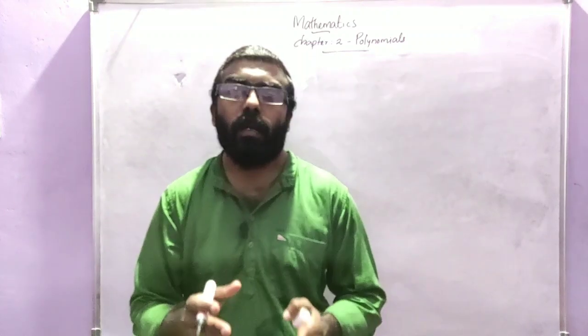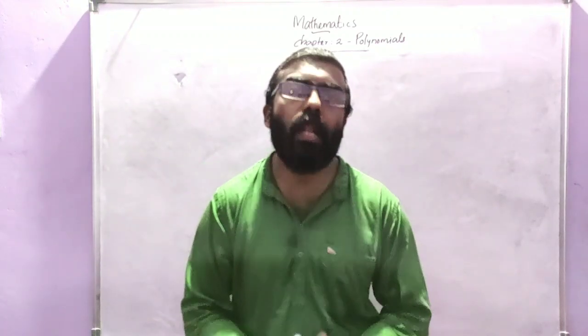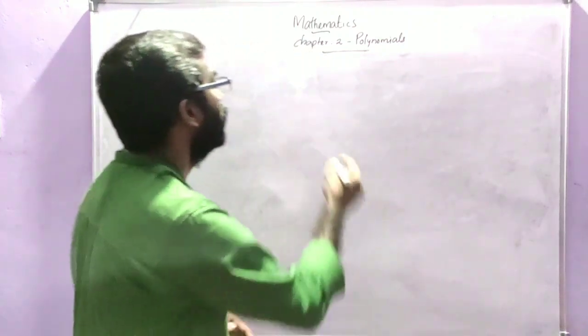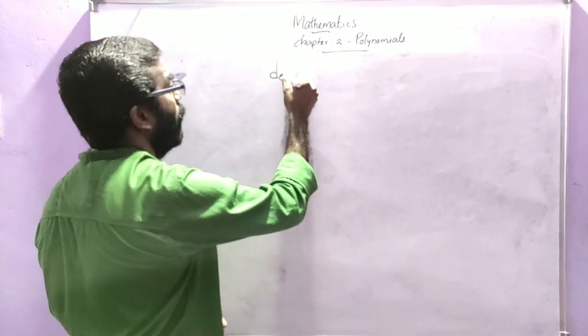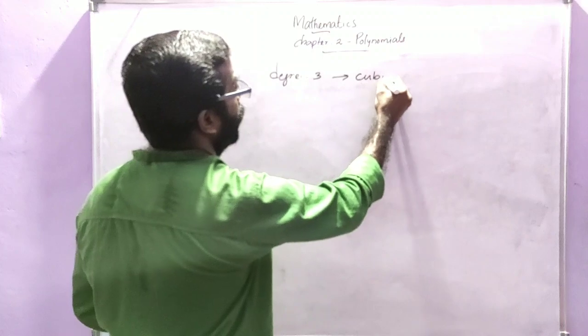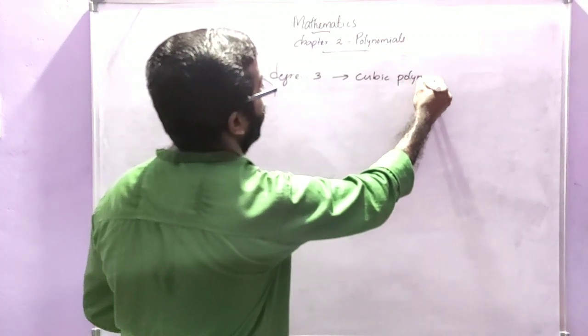Okay, understood? Now we call a polynomial of degree 3 as a cubic polynomial. So a polynomial of degree 3 is called a cubic polynomial.